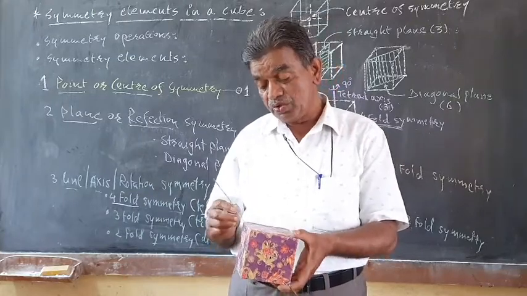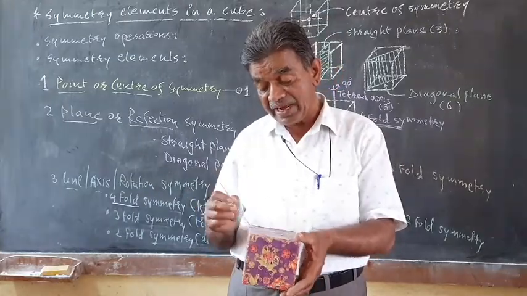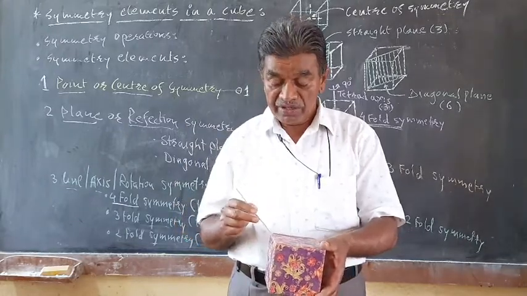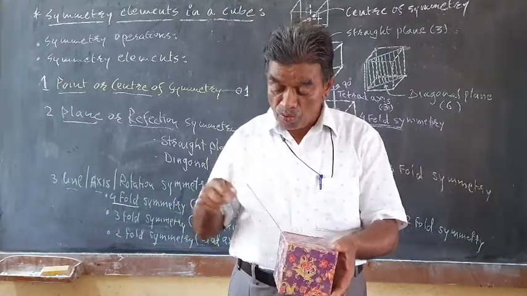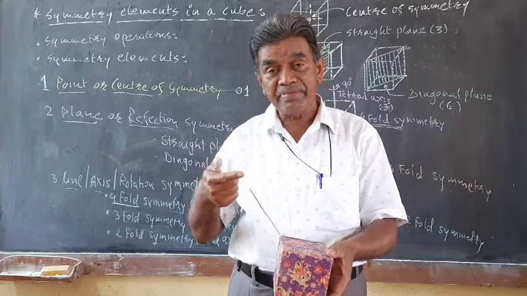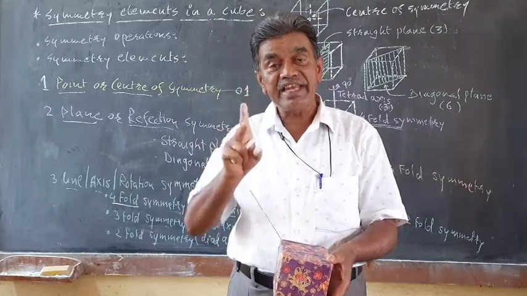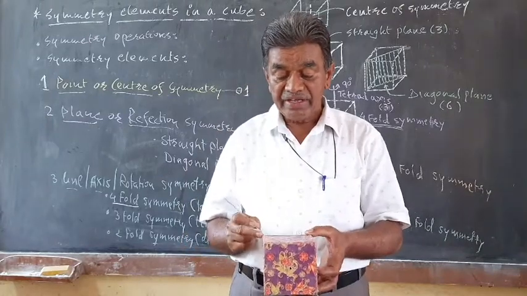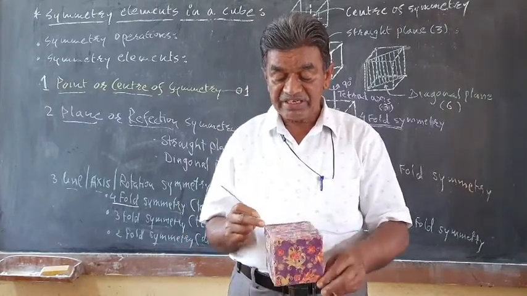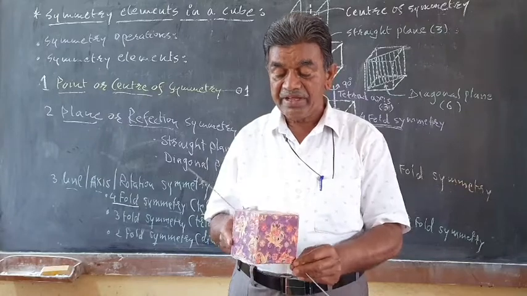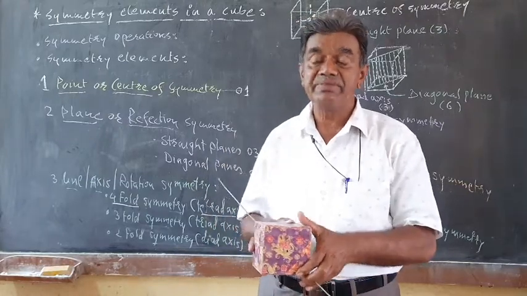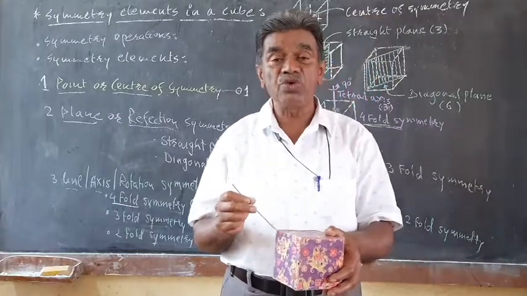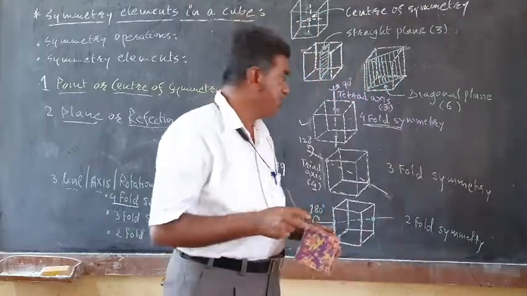Means if the cube is rotated about the line passing through the diagonal, the same appearance occurs through 120 degrees, that is 3 times in one rotation. If the crystal is rotated through 360 degrees, that is, one rotation is completed, you get the same appearance 3 times. Then it is called threefold symmetry, and this axis is known as the triad axis.